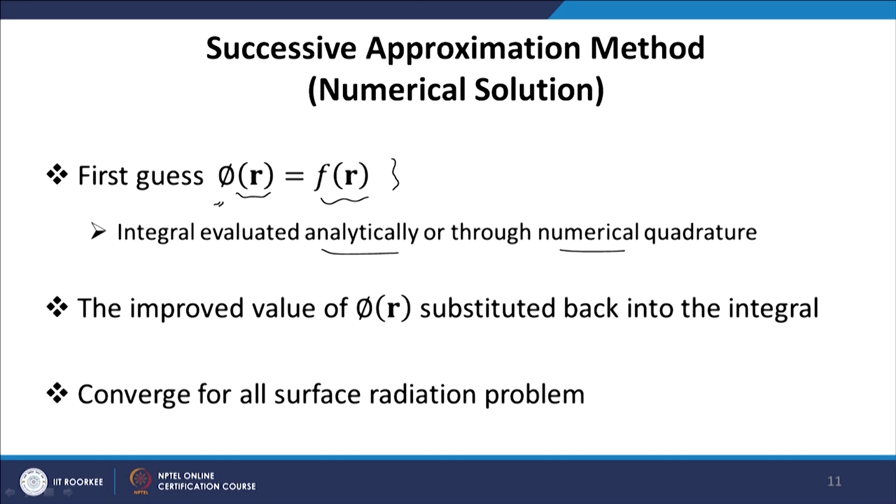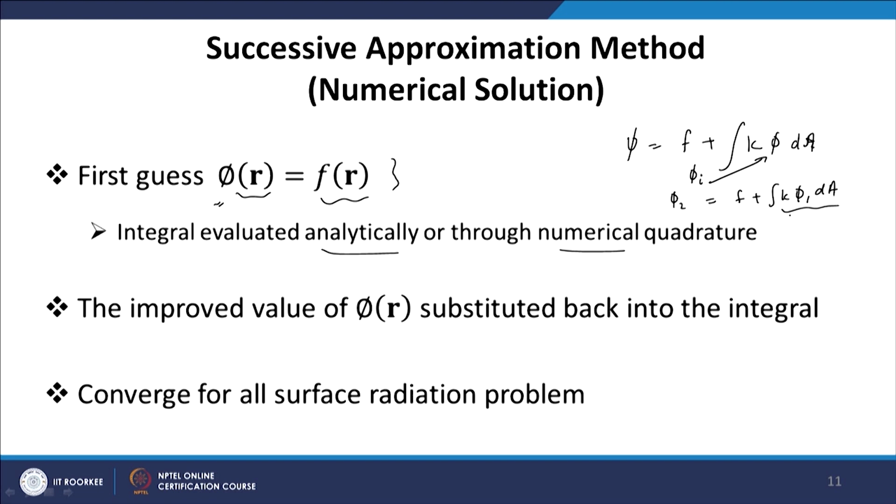Let me just again highlight. We have an unknown function phi, which is given by K phi dA, as given here. We first assume some value, let us call it phi 1, and substitute it here and solve the right hand side. So, we get phi 2 as f plus K phi 1 dA. Now, this integral we can solve analytically or through numerical quadrature.